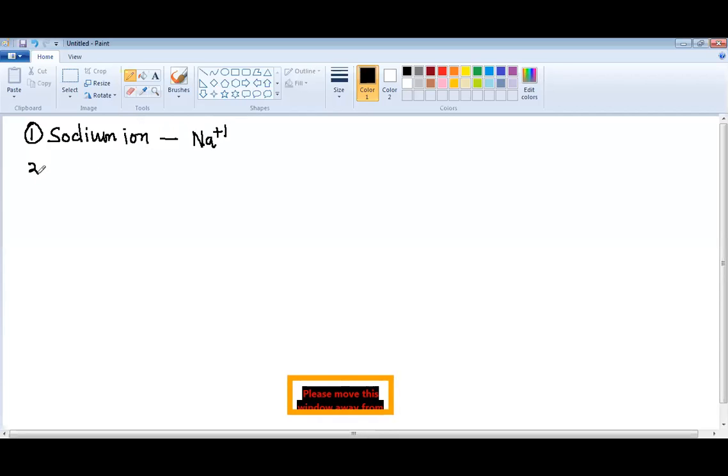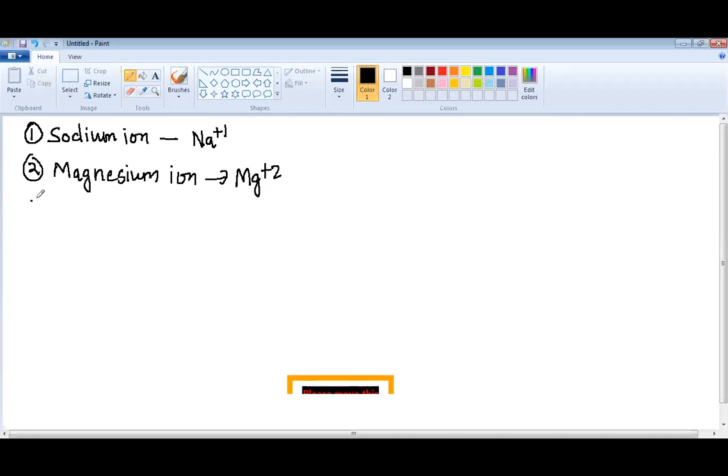Then, my dear students, we have chosen another ion which is known as the chloride ion. Let's write the chloride ion somewhere else. The second ion we are going to choose is your magnesium ion, which is your Mg plus 2.